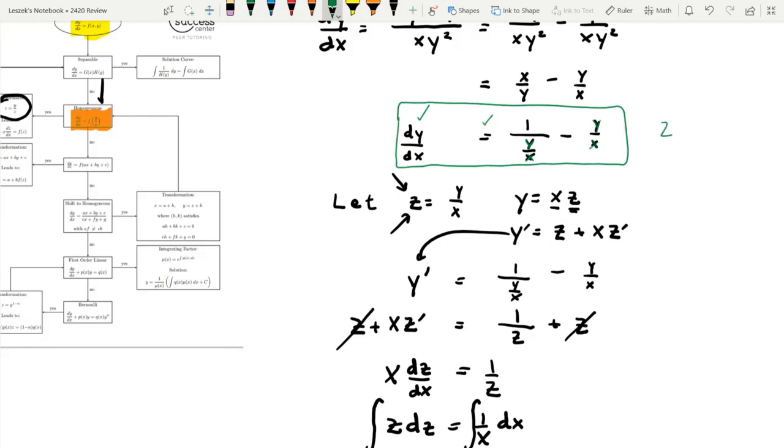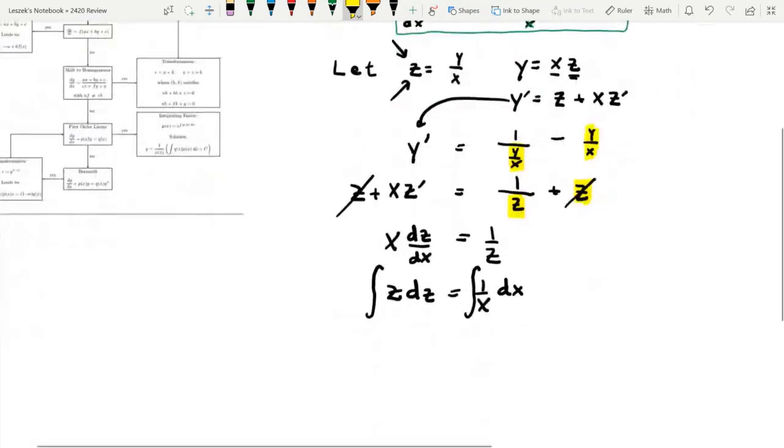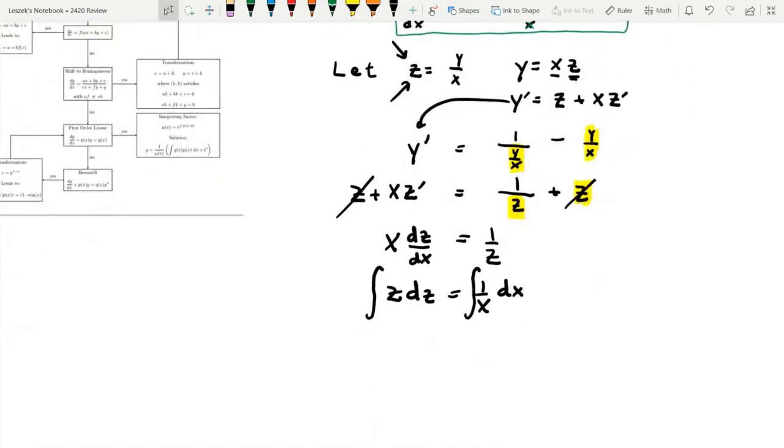So we decided that y over x should be called a new dependent variable. We decided it should be called z. So anytime I see a y over x, I replace it with a z. Okay. I hope that answers the question.